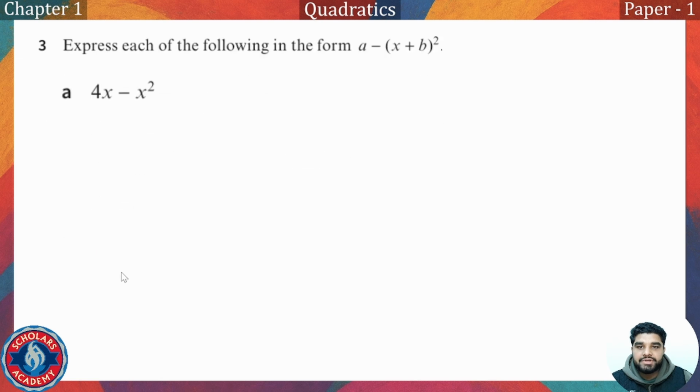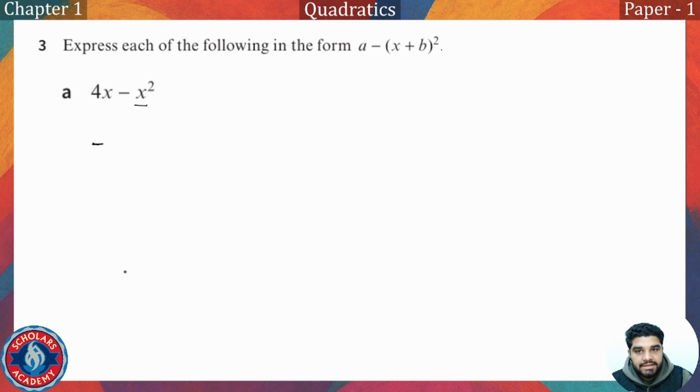All right, question number 3. Now this time our x square is negative. We don't have any extra constants over here right now. We just have a square and the 2ab term. So we'll take negative common first.